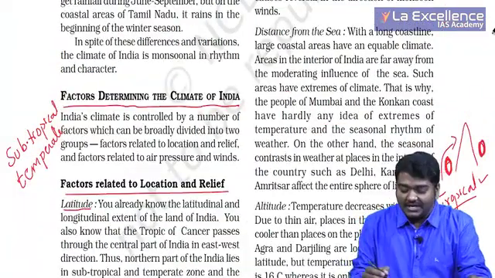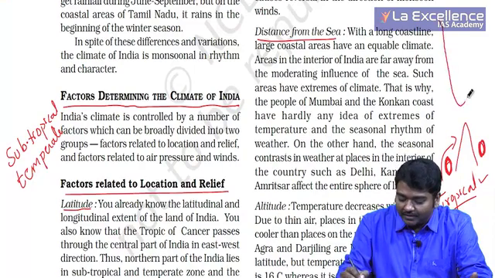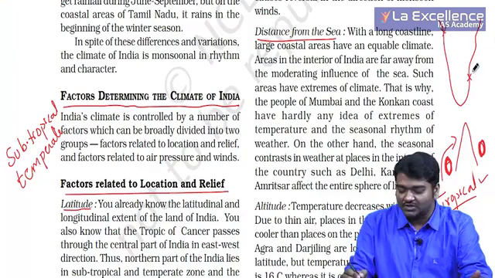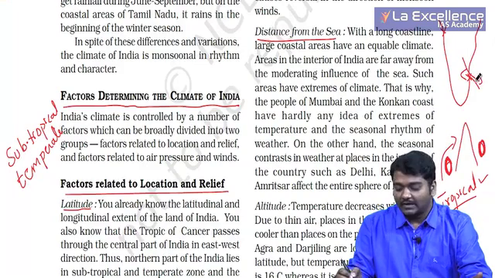Next, we need to see distance from the sea. Places like Chennai, Visakhapatnam and Mumbai, which are closer to the coast, get winds blowing from the ocean, as we have discussed.